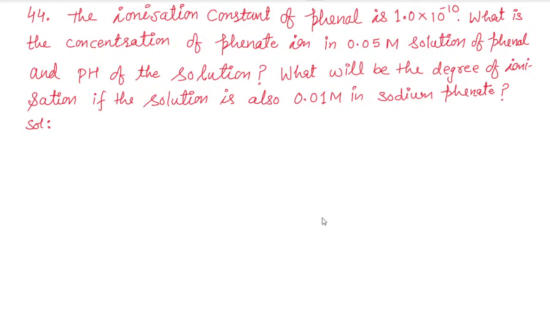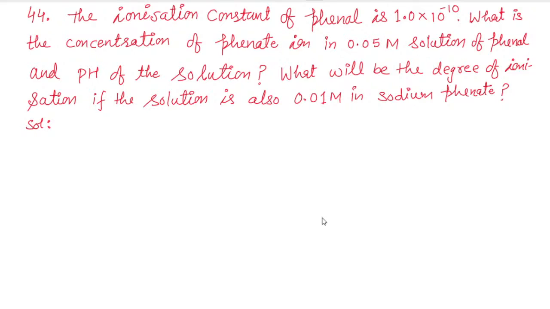And the pH of the solution, and what will be the degree of ionization if the solution is 0.01 molar in sodium phenate, or we can say sodium phenoxide. Okay, this is the question.